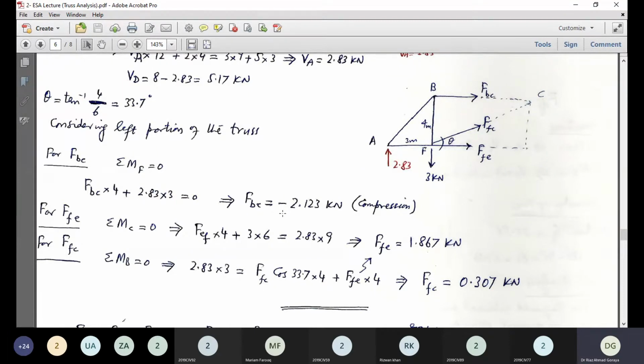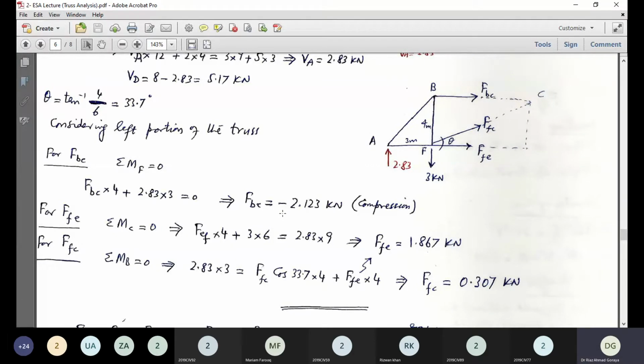Now you just imagine that in not even one complete line, the answer is with you. And that is possible just because of selecting the appropriate moment center. If you take the moment center somewhere else, that will not be so simple.